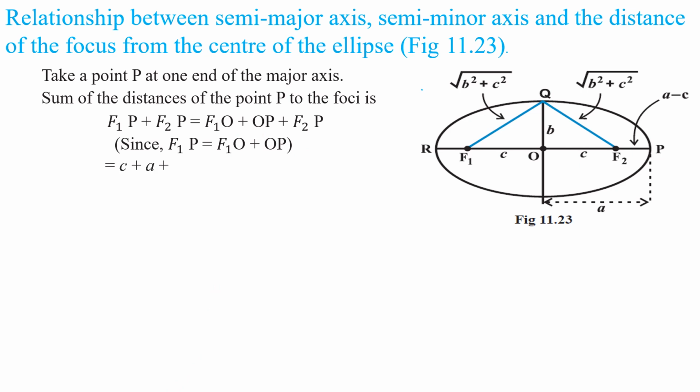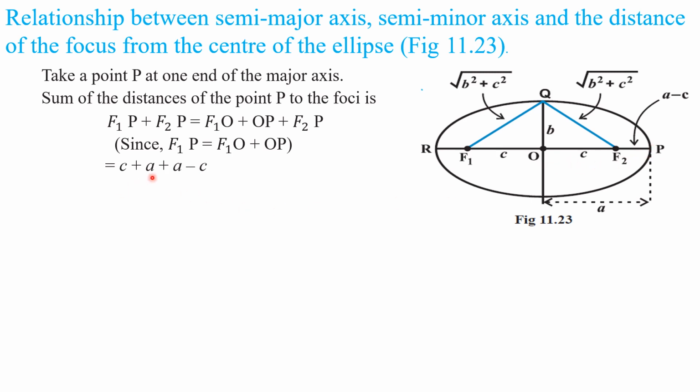That is equal to C plus A plus A minus C. Understood this step, my children? F1O, what is the length of F1O? C units. Understood this first term, plus OP. What is the distance between these two points O and P?